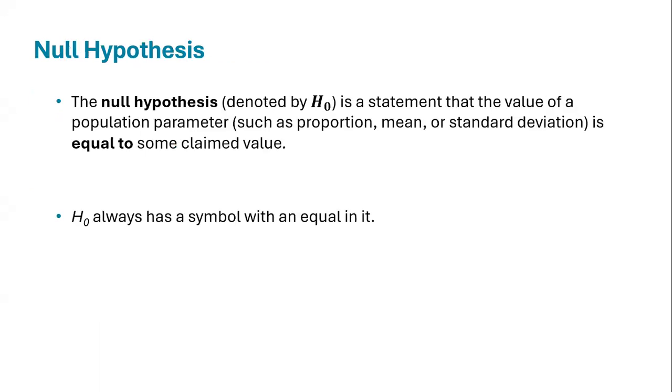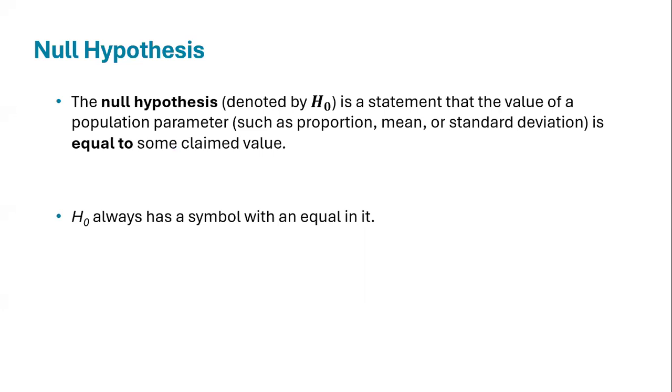The null hypothesis, which we always show with H naught or H sub 0, is a statement that the value of a population parameter is equal to a claimed value. So remember that a hypothesis test is a test for a claim on the population.